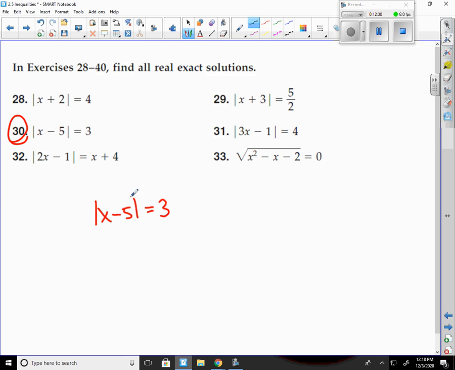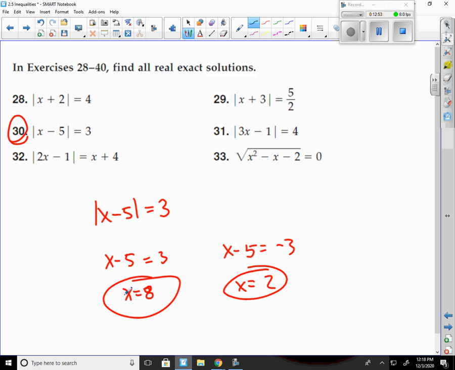So now I have to get rid of my absolute value. Whenever I do that, it creates 2 separate problems. X minus 5 equals 3. X minus 5 equals negative 3. And then just solve for x. X equals 8. And x equals 2. Done.